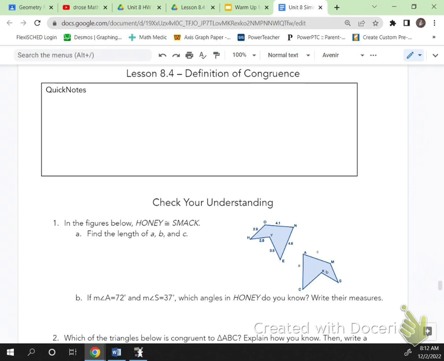So the definition of congruence. Two figures are congruent if you can get from one figure to the other with rigid transformations. And we'll define that.